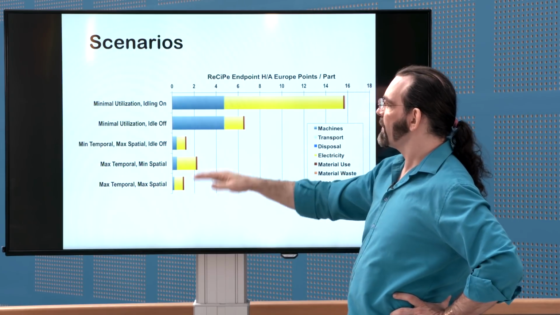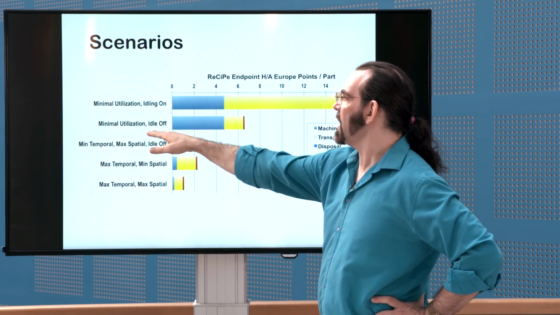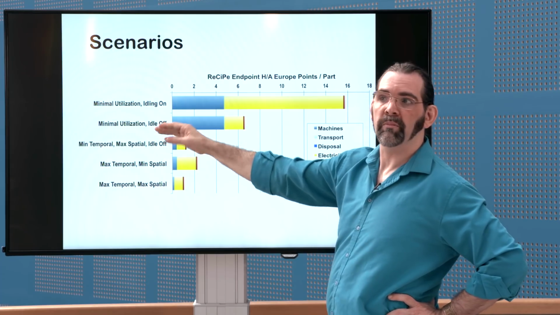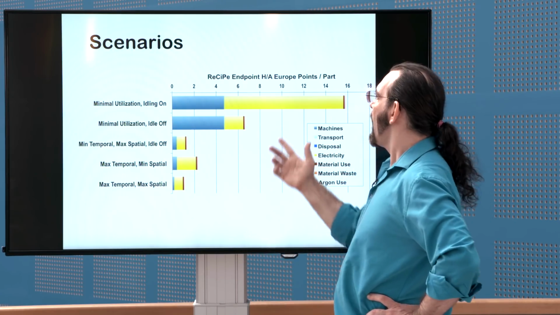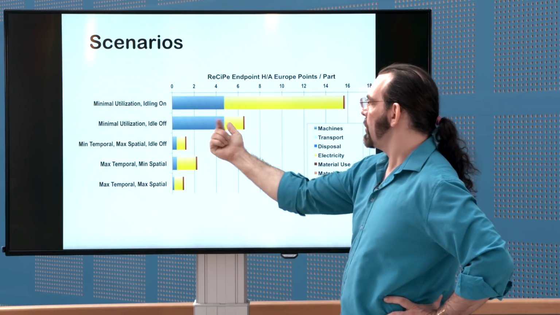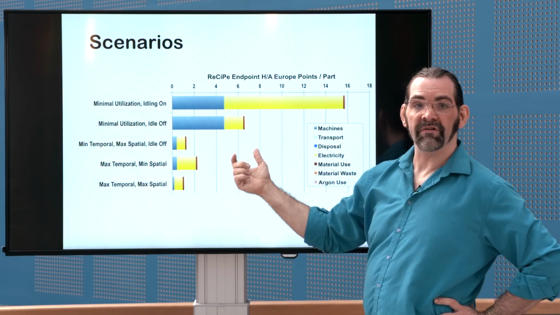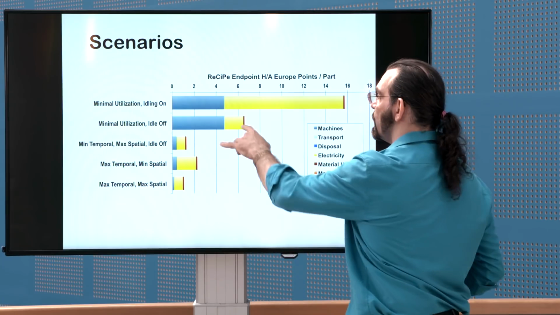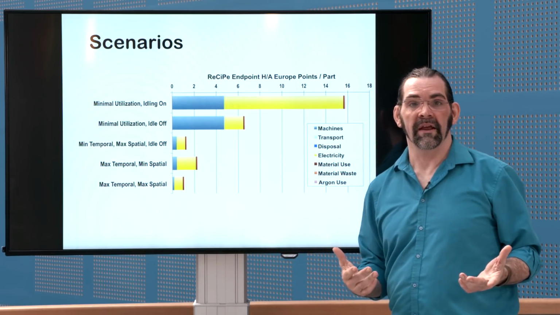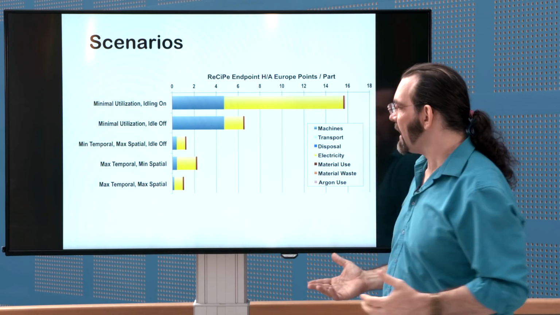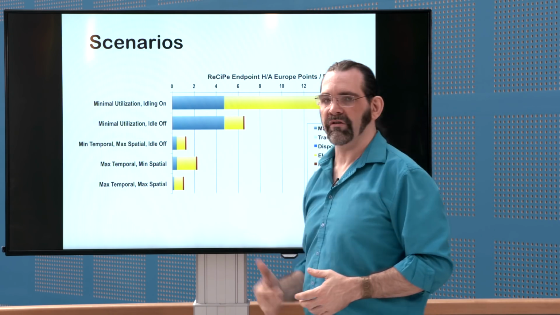And you can see that for some scenarios, like if you're only printing 1 part per week, but you at least turn the machine off when you're not using it, then the ratio of what the biggest impacts are changes as well. So here, it's no longer the energy use during printing that is the biggest environmental impact. It's the production of the printer itself.